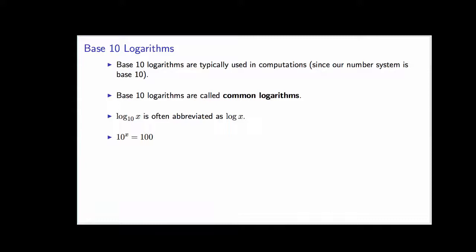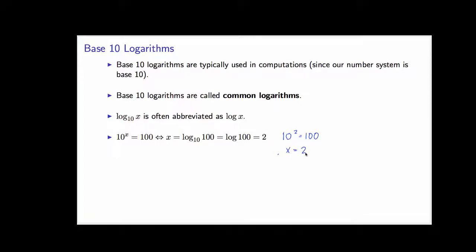In logarithmic form, we write this as x is equal to the log base 10 of 100, or just the log of 100, which again we know is equal to 2 because 10 squared is equal to 100, so our x is equal to 2.